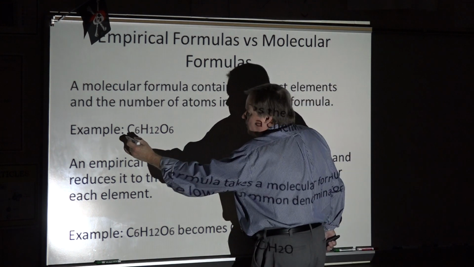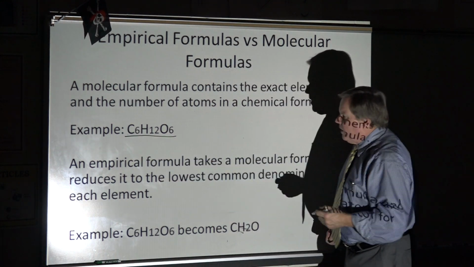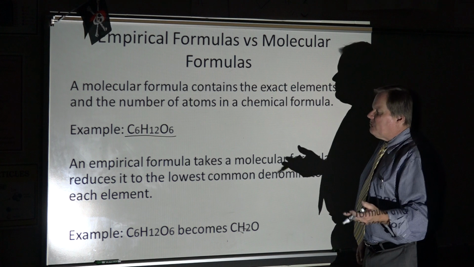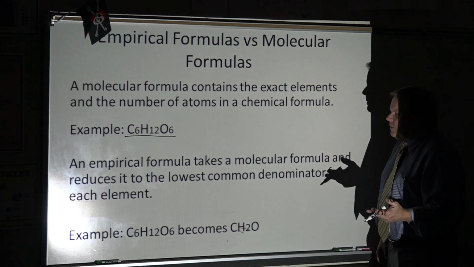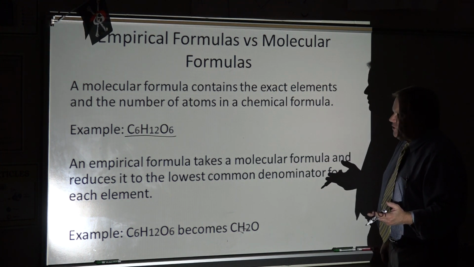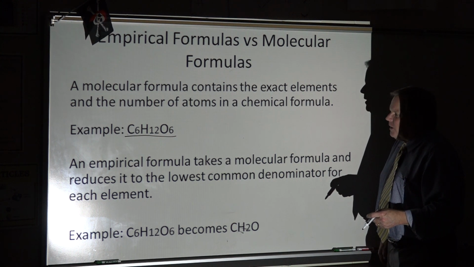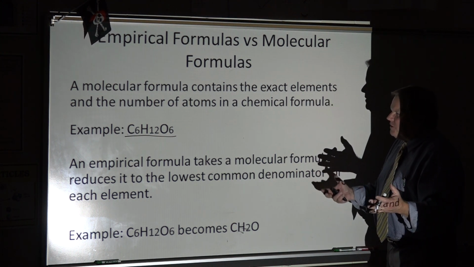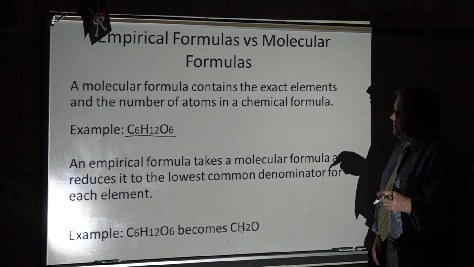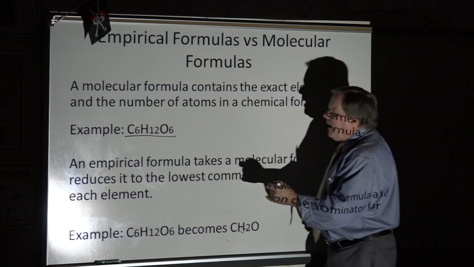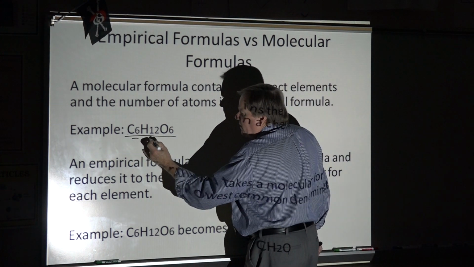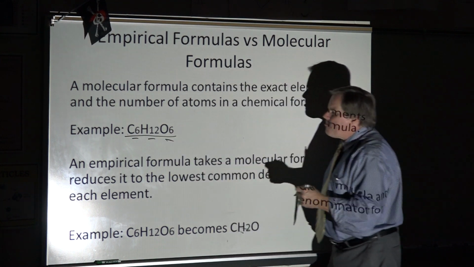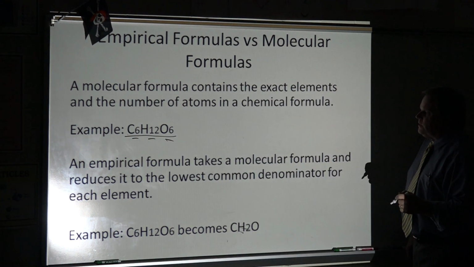Here's the formula for glucose, C6H12O6. Sometimes chemists want to know the basic ratio of the elements. Not how many there are, but just their relationship to one another in terms of a ratio. And we look for a lowest common denominator in the quantities of the atoms that are there.